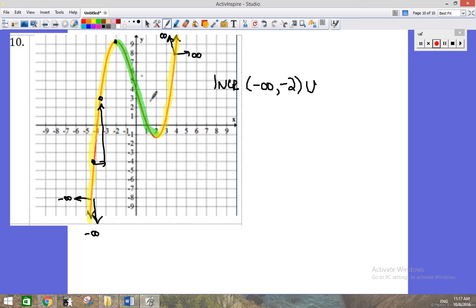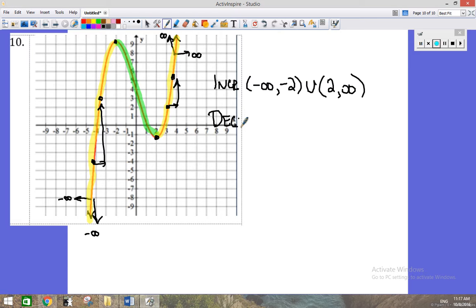Then we had to go to another interval here to get the same thing, that as x increased, y increased. The x coordinate there is positive 2, and if any 2 points have x coordinates that are greater than positive 2, as x increases, y will increase in this interval all the way to infinity.